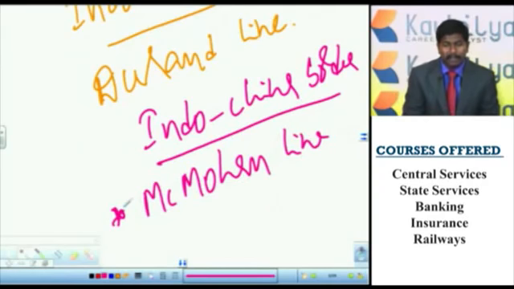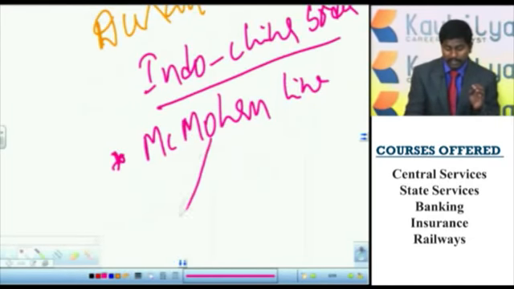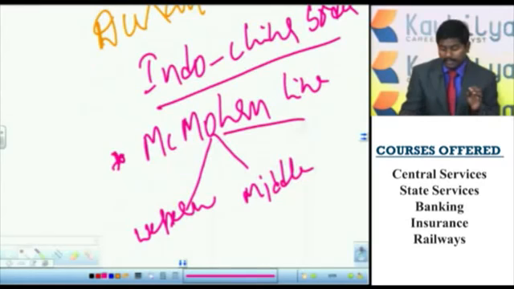This McMahon line was defined at the time of the British Empire in India. We defined this McMahon line between India and China, and you can divide it into three parts: western sector, middle sector and eastern sector.